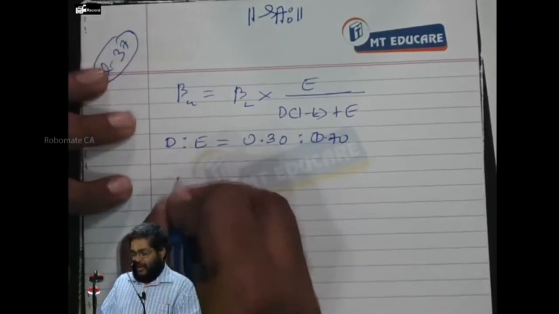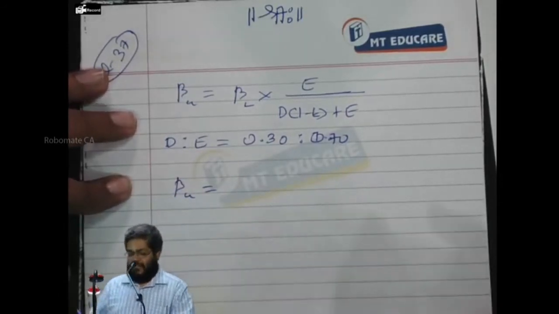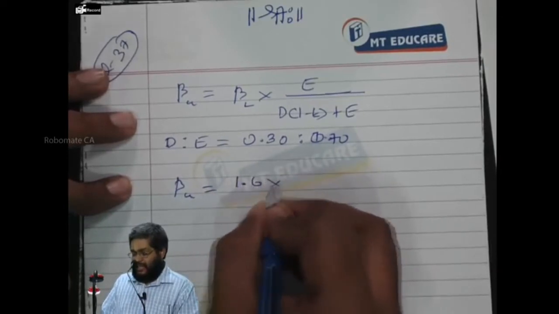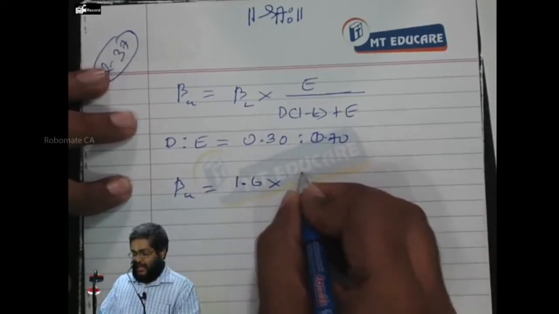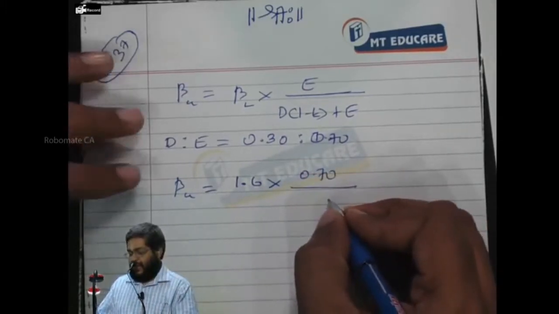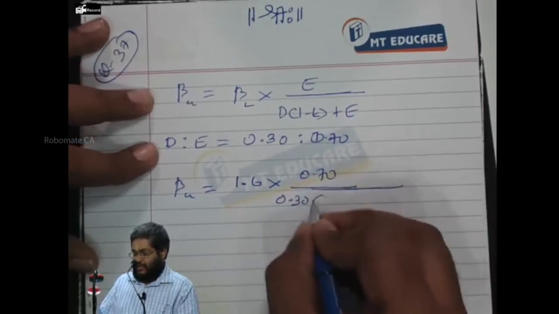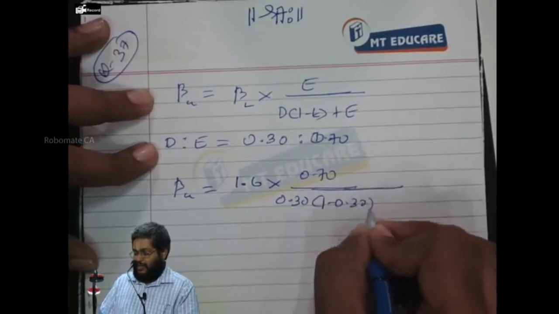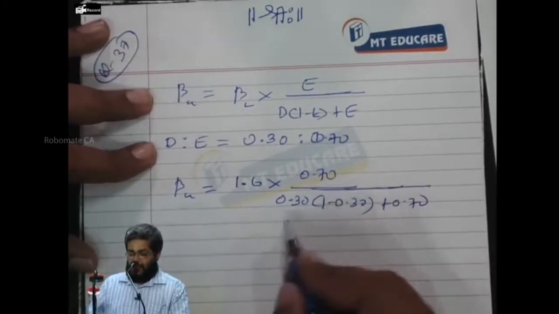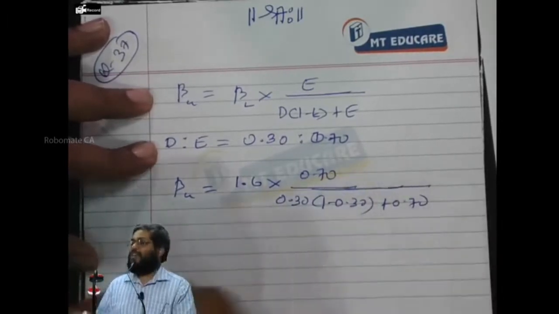Continue writing. Beta unlevered is equal to, what is the levered beta of the automobile sector? 1.6 into equity, 0.70, divided by debt into 1 minus t, 0.30 into 1 minus 0.30, plus 0.70.